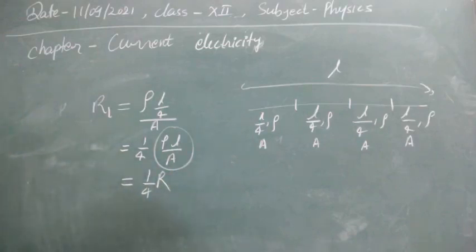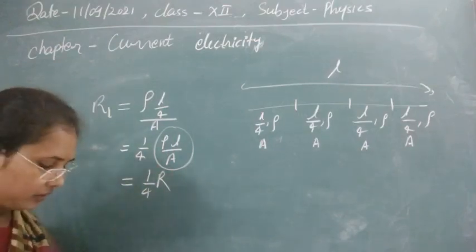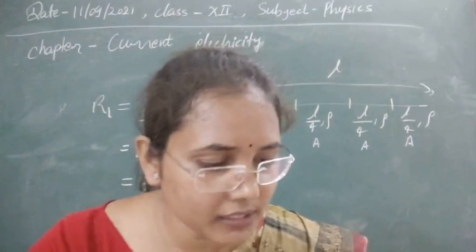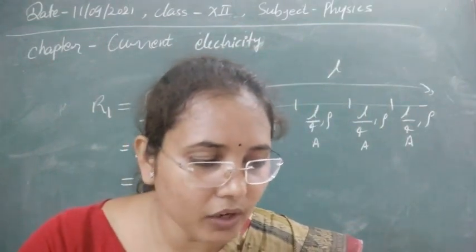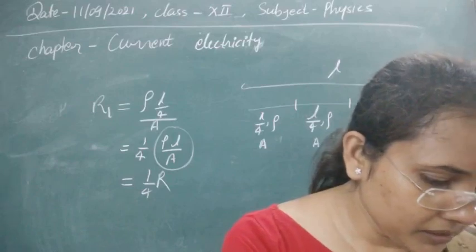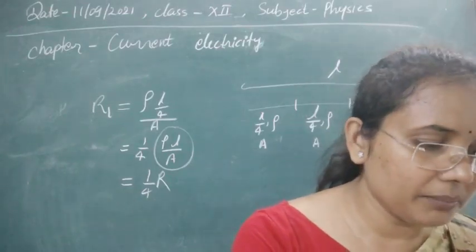So if each wire has 1 by 4 times R, what is the final thing we have to find? We have to find the final resistance of the wire, meaning how many times R it will be now.